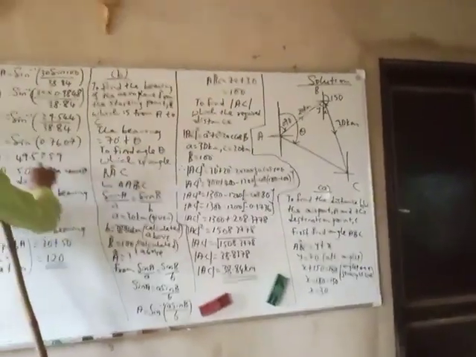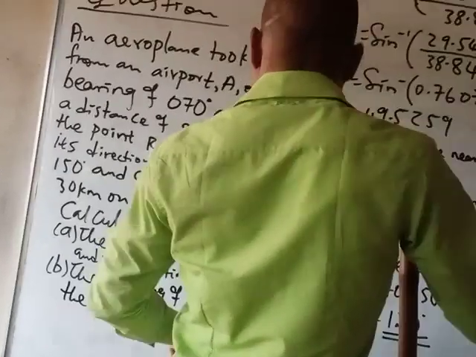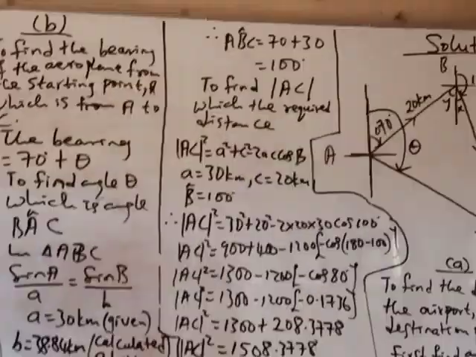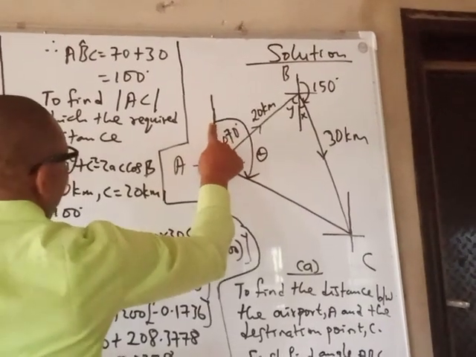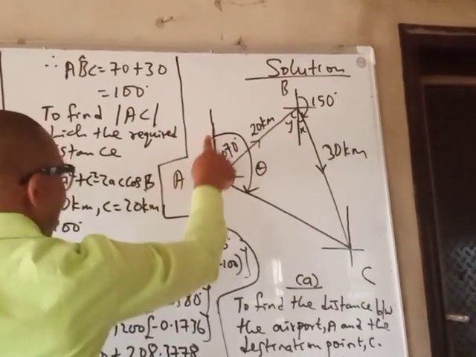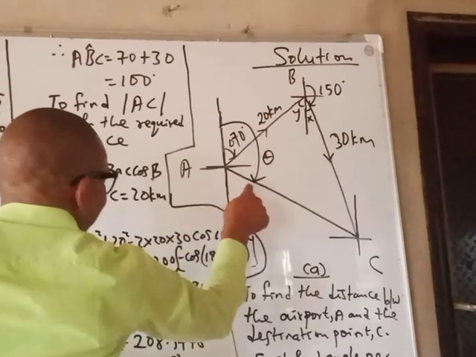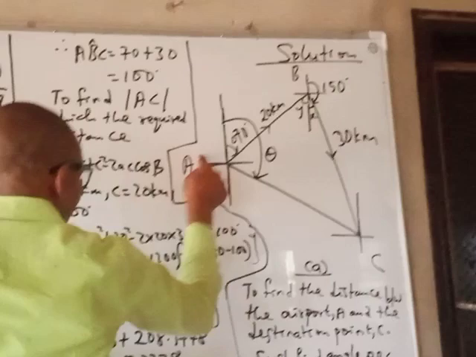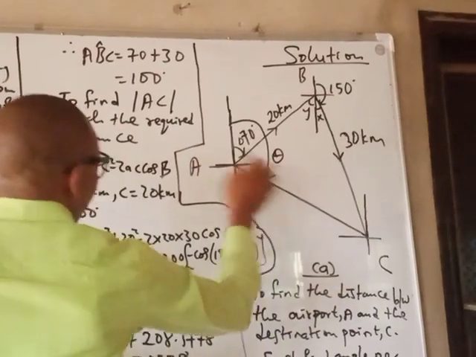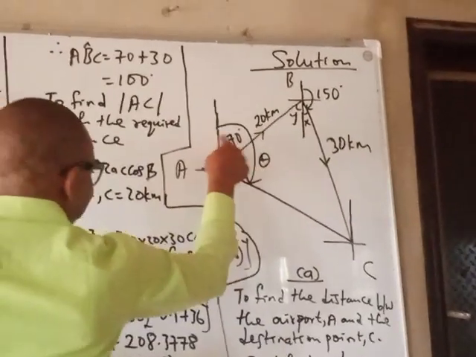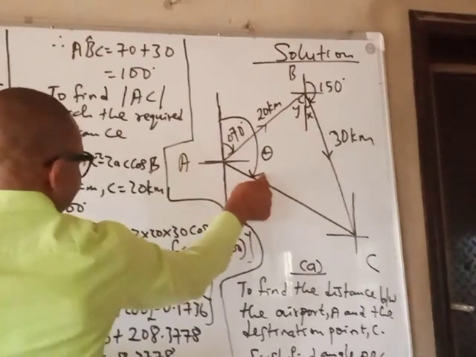Then calculating number B, which is the bearing of the aeroplane at point C from the starting point A. Going back to the diagram, the bearing is from the cardinal north, 0 from point A. We move clockwise and down the line that connects point A and point C. We notice that the bearing is 70 plus theta.